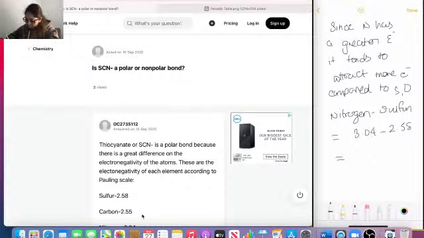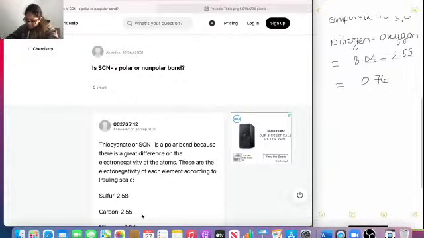Sorry, I would compare this with the least electronegative in this case, so it would be oxygen, 2.55. So it would be around 0.76, right? You can see that this is nearly close to 1.